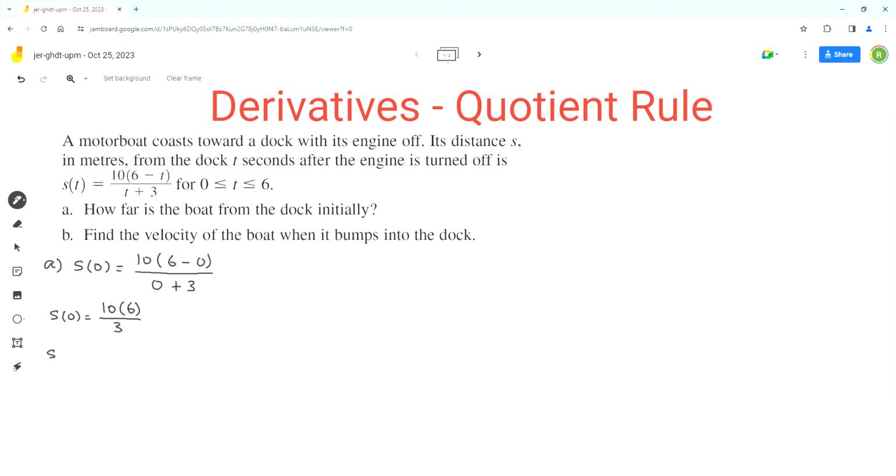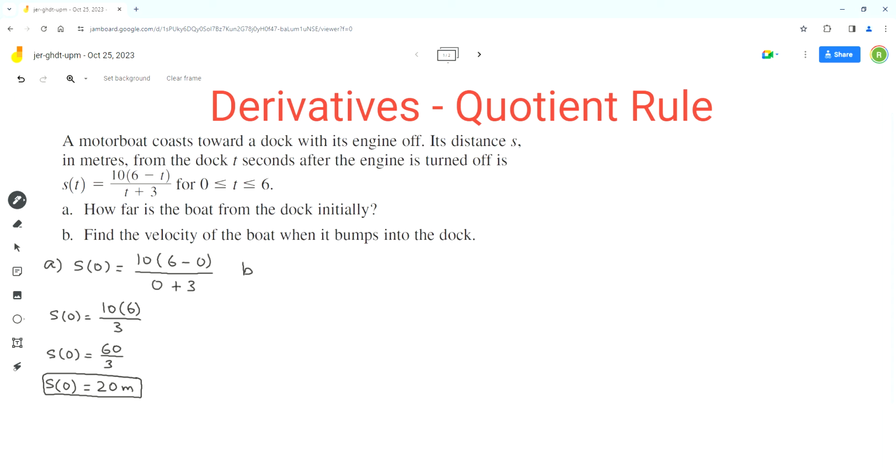And we can simplify this too. So 10 times 6 is 60, and 60 divided by 3 is equal to 20. And the unit for distance in this problem is meters. So this should be the final answer for part A, that the boat is 20 meters from the dock initially.